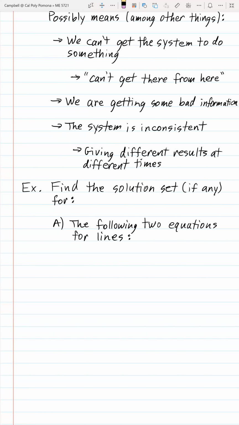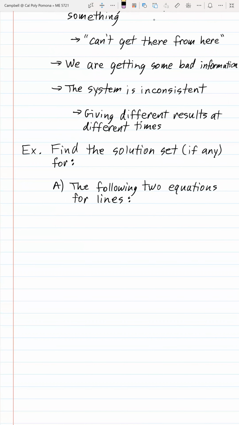Now, of course, there are different ways of representing equations of lines. Here, I'll just have x plus 2y is equal to 6. And I guess I'll give myself an "and" here. 3x plus 4y is equal to 8. Now, usually we don't generally work with equations for lines in that way.